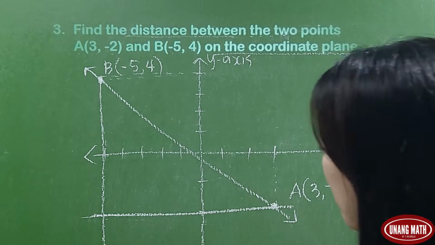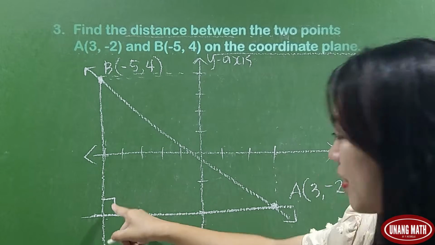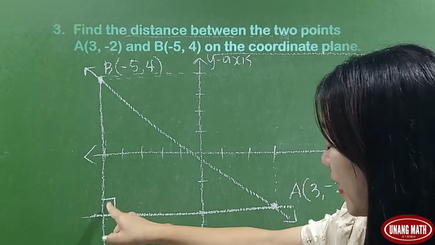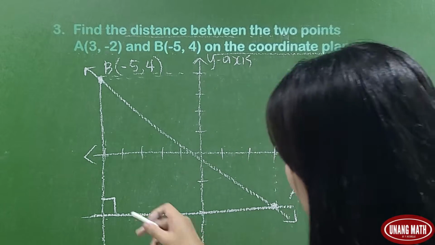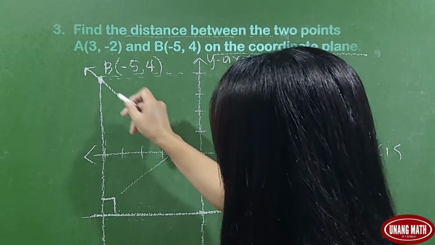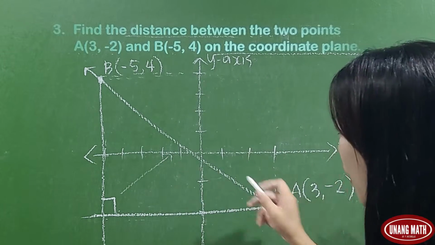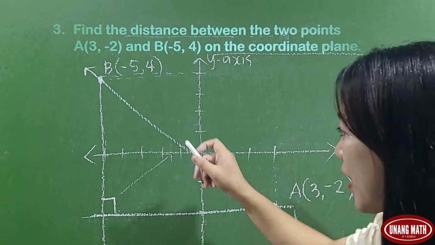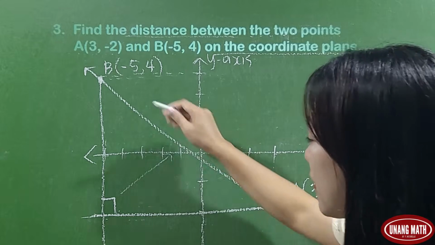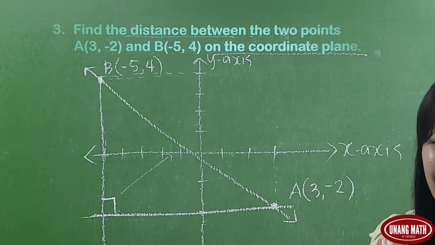Okay, in here, this is a right triangle. This is a right angle. So if this is our right angle, that means this side of this right triangle is our hypotenuse, or the longest side of this right triangle.